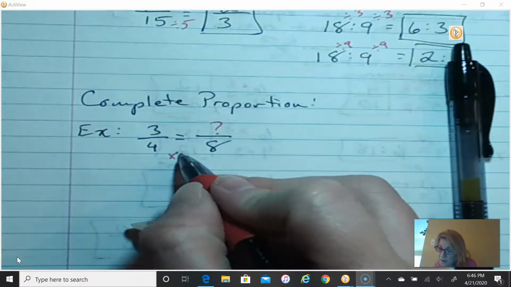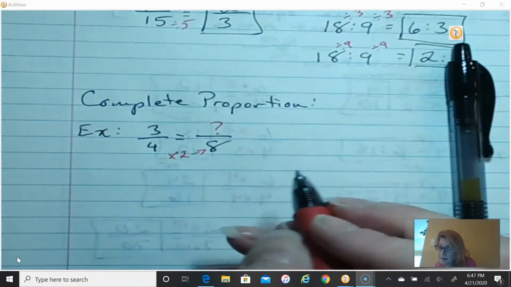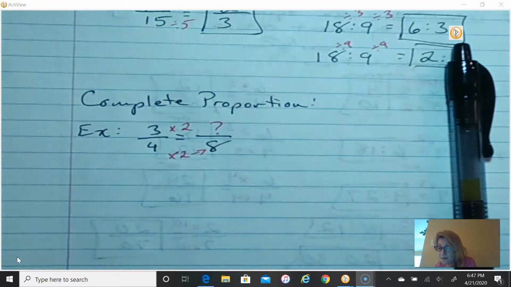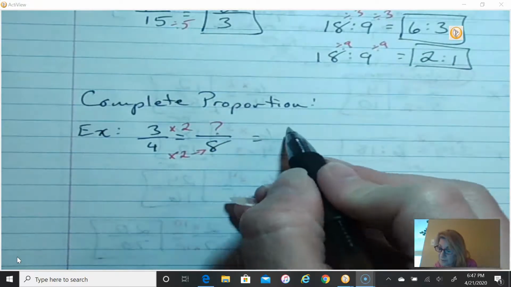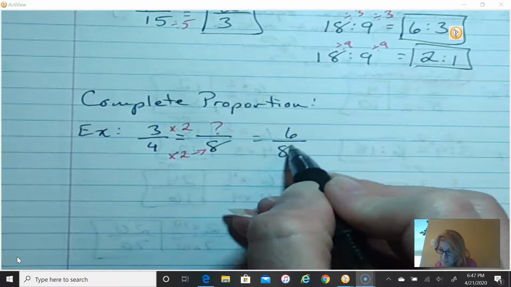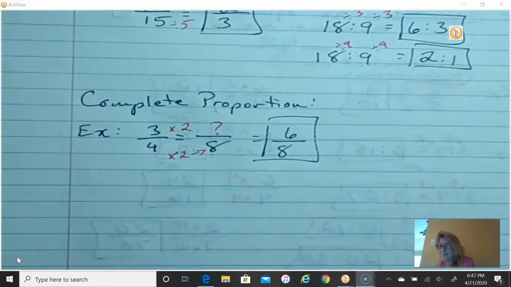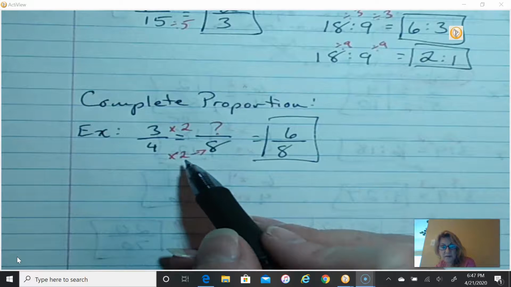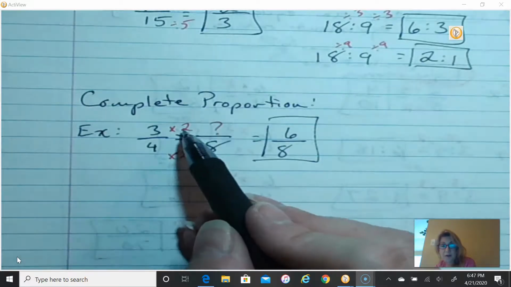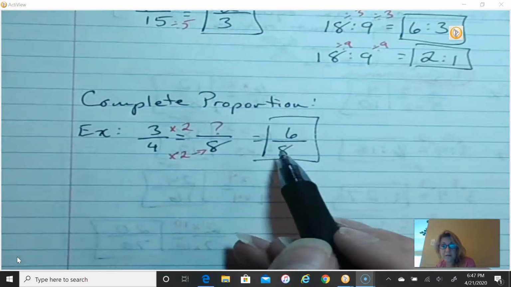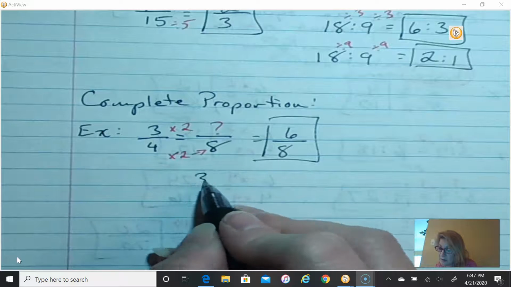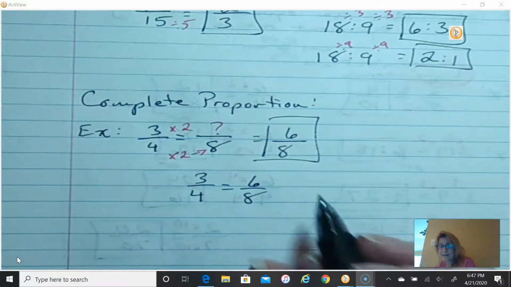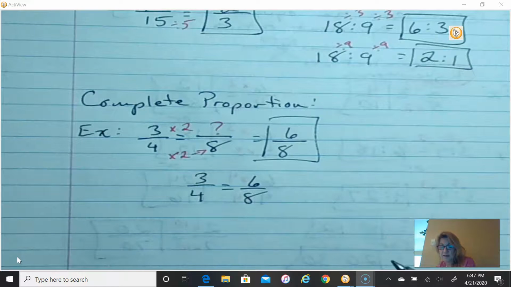So 4 times 2 gives us 8. Well then, what we do to the bottom, we have to do to the top. 3 times 2 is 6. See how that works? 4 times what gives you 8? 4 times 2 gives you 8. So then we have to multiply the top number by 2 as well. There's our proportion. See? 2 fractions with an equal sign.